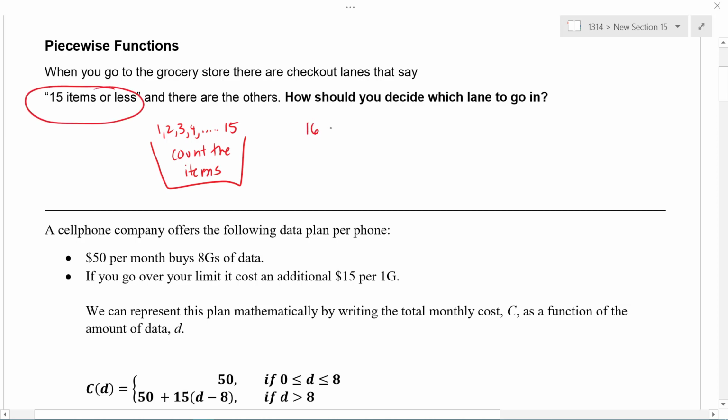If you have 16 or more items, then officially you should go into the lanes that do not have any restrictions. So a piecewise function is very similar to this. First, you're going to look at the number in your cart, so to speak, and then you're going to decide which lane to go in. Okay? So what's an example of a piecewise function?